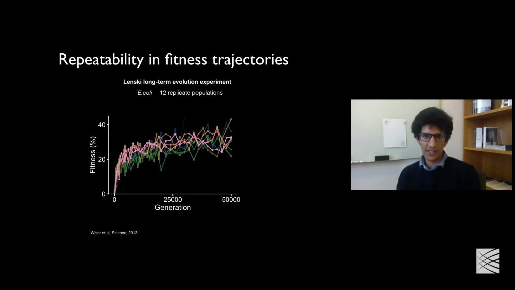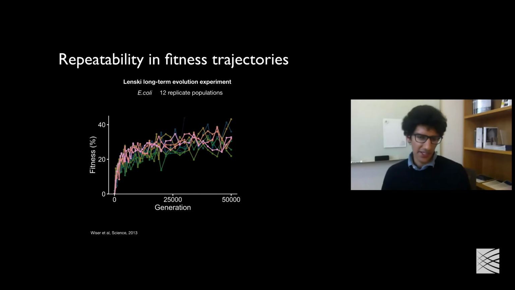Michael already did that. The idea is essentially that Lenski drew 12 replicate populations of E. coli over the last 32 years. Right now, it's at around 70,000 generations. And what you're seeing here is the fitness relative to the ancestral strain for the first 50,000 generations.